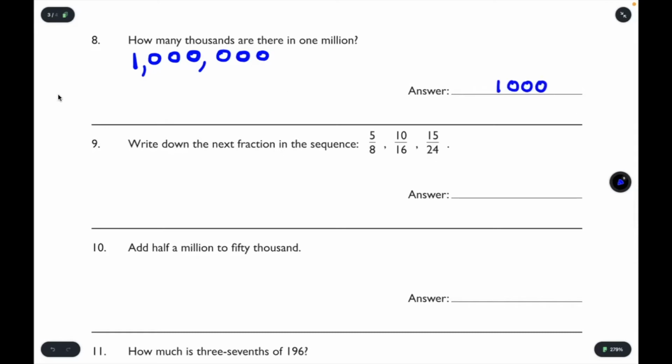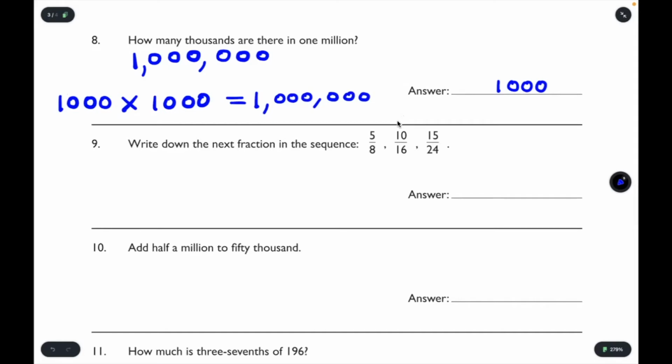And we can prove this because if we do 1,000 times 1,000 to check, then 1 times 1 equals 1. And then we just need to add all these zeros on the end, which is 6 zeros. 1, 2, 3, 1, 2, 3.